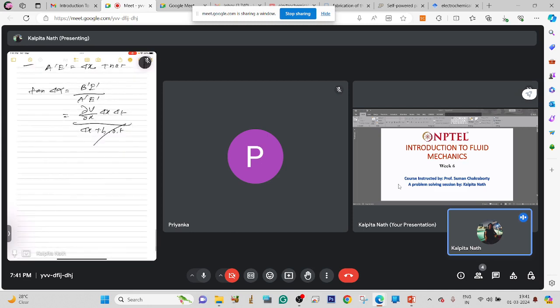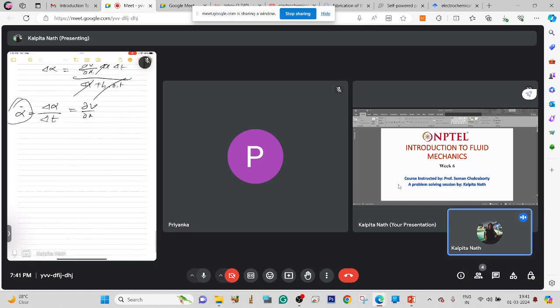These higher order terms we are neglecting, and as delta alpha is very small, we are considering tan delta alpha as delta alpha. So delta alpha upon delta t, the delta x will get cancelled out, is equal to del v by del x. So this is alpha dot, that is the angular deformation of alpha with respect to time.